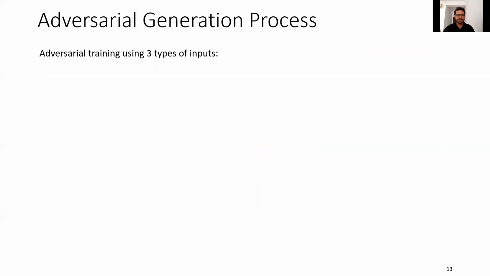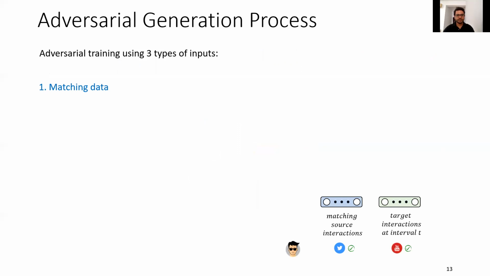So we learn the adversarial generation process using three types of data. First, we use matching source and target network data. We consider an overlapped user and take his interactions on both networks within a given time interval. These are vector representations of their interactions.